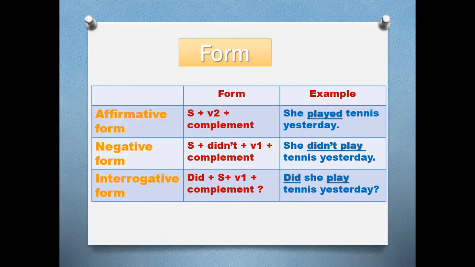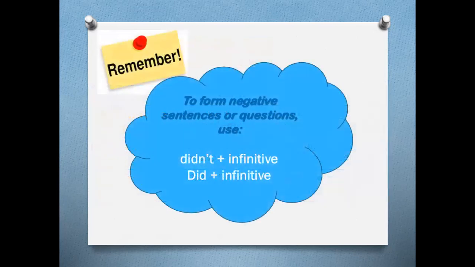Okay, and by using when: when did she play tennis? And the answer will be, she played tennis yesterday. So to form negative sentences or questions, we use what? We use didn't plus the infinitive or the base form of the verb.